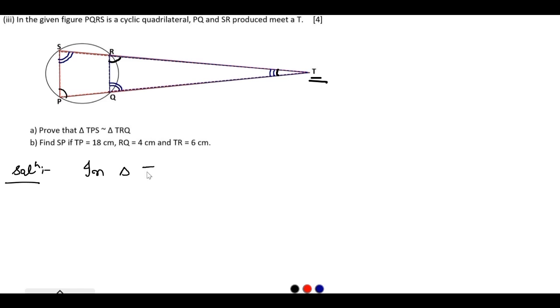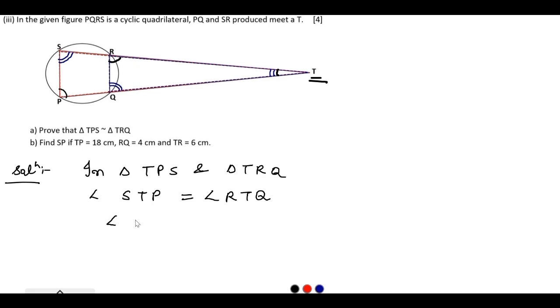In triangle TPS and triangle TRQ, angle STP is equal to angle RTQ.